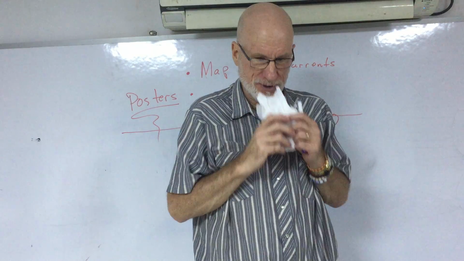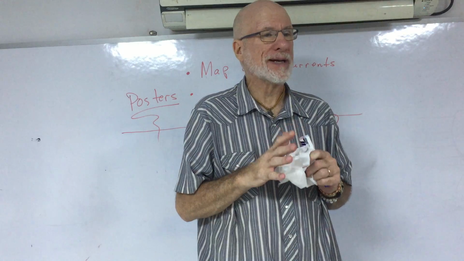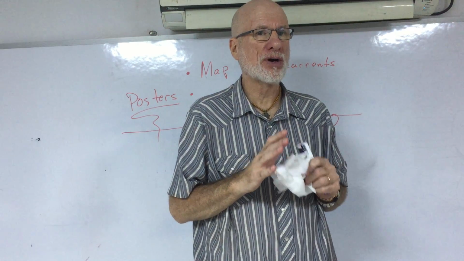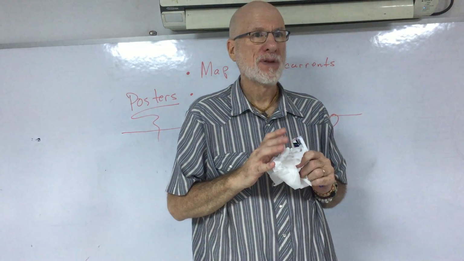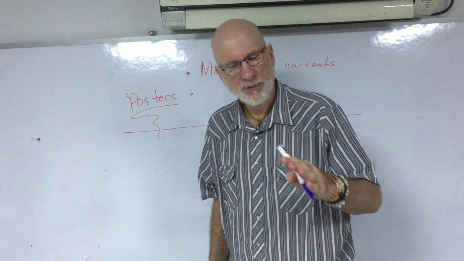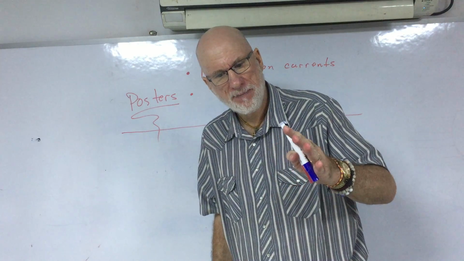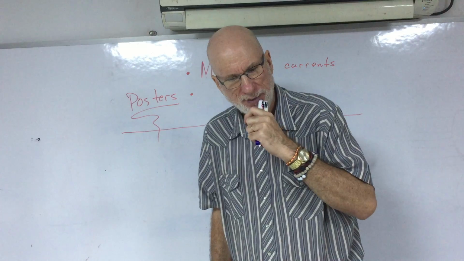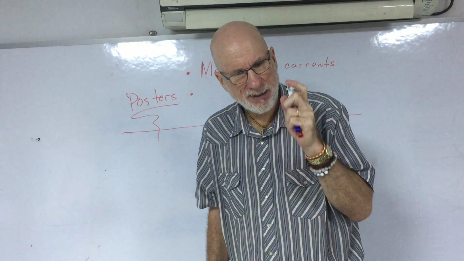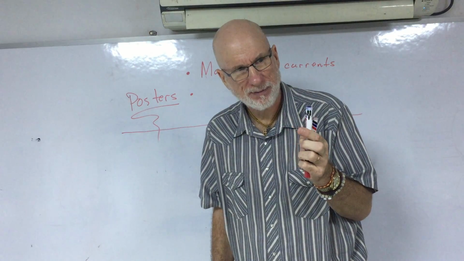So these currents will transport icebergs. Have you ever heard of the Titanic? Yeah. What current do you think carried an iceberg down and met the Titanic? I'll give you a hint. The Titanic hit an iceberg, I believe it was somewhere off the coast of Newfoundland.